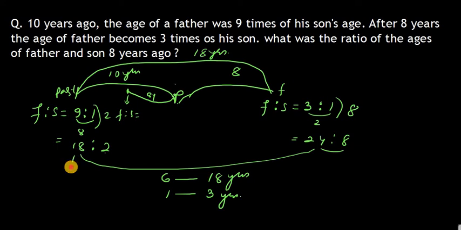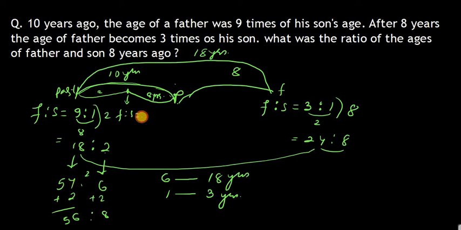Father is 18 units, 3 times... 24 times 3 is 54 years, and the son is 1 unit, 3 less, so 6 years. Now 8 years ago, 2 years more than that... plus 2 for both, we get 56 and 8.